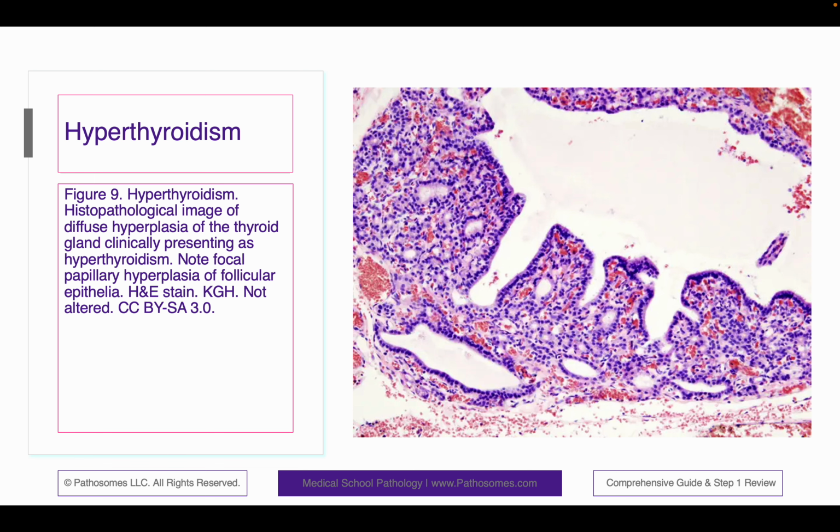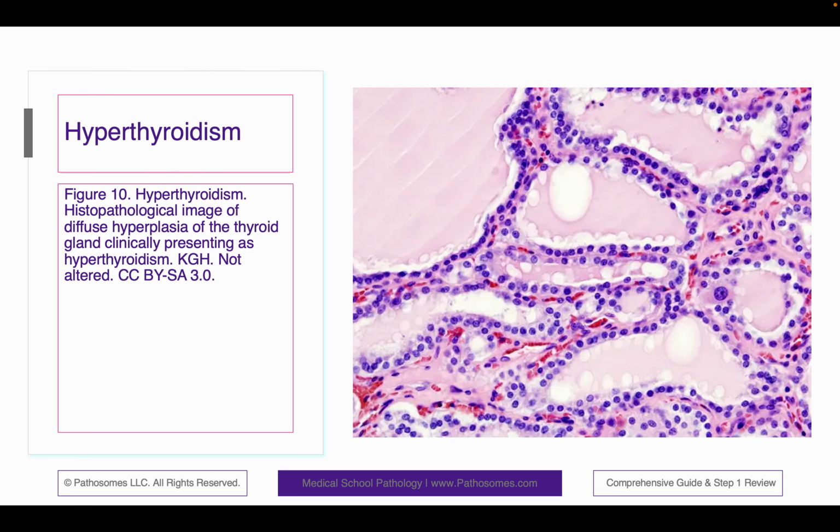Here we see a histopathological image showing diffuse hyperplasia of the thyroid gland that clinically presented as hyperthyroidism. Note the focal papillary hyperplasia of the follicular epithelium. And here we have another histopathologic image showing diffuse hyperplasia of the thyroid gland, clinically presenting as hyperthyroidism.